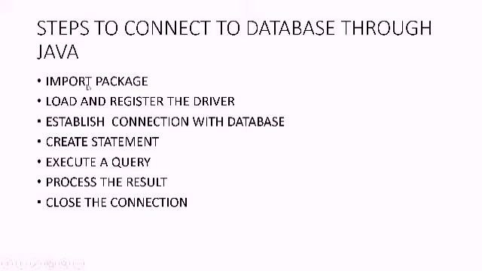They are: import package, load and register the driver, establish connection with database, create a statement, execute a query, process the result, then close the connection. These are the steps required in order to establish a connection from Java to a database.